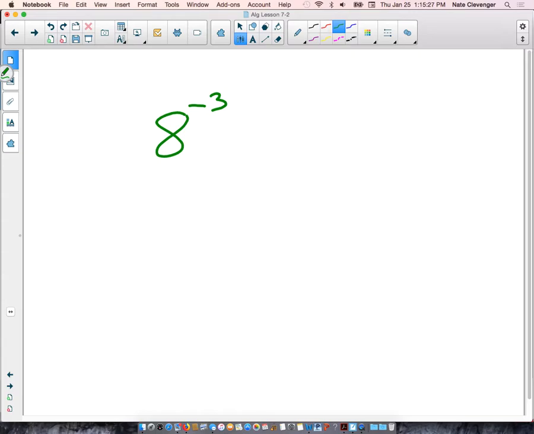As a fraction, 8 to the negative 3rd would be over 1. So the reciprocal of that, if we ignored the sign, would be 1 over 8 to the 3rd.